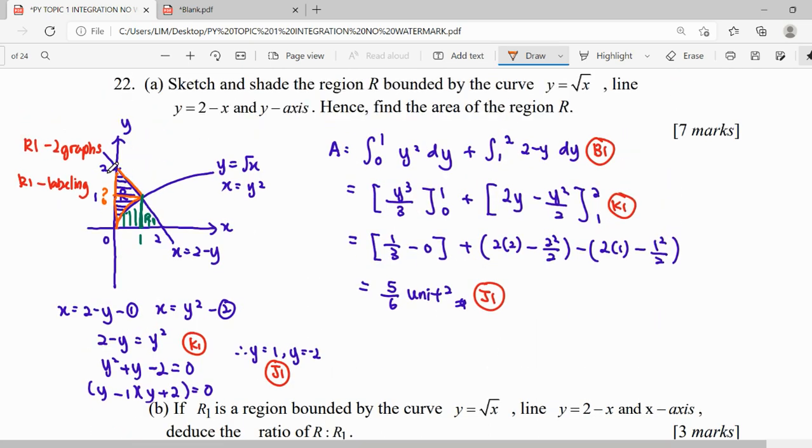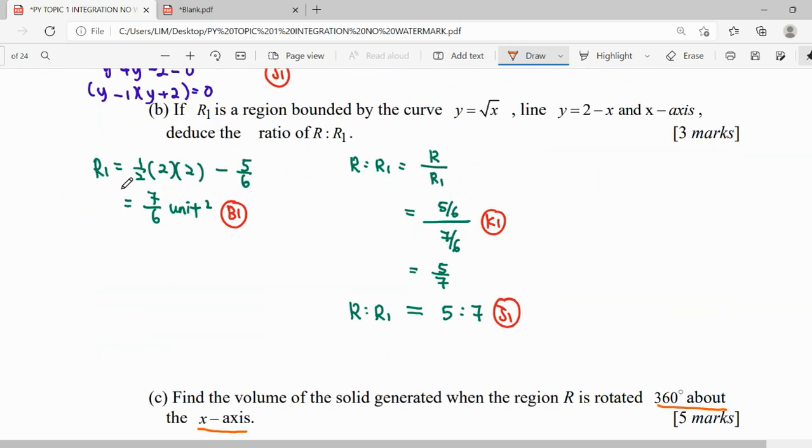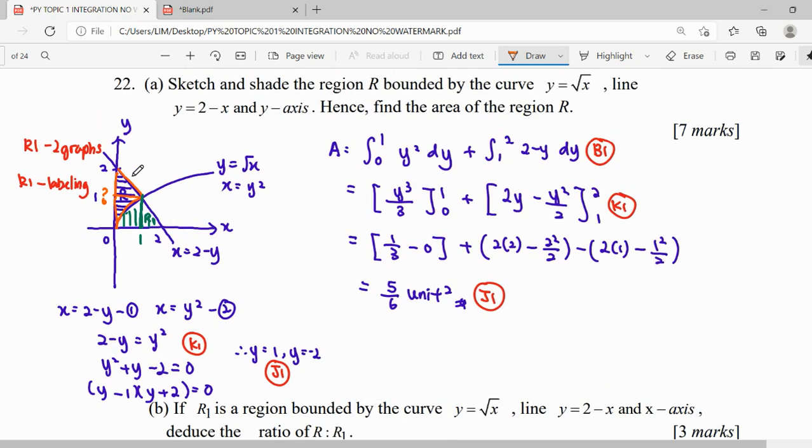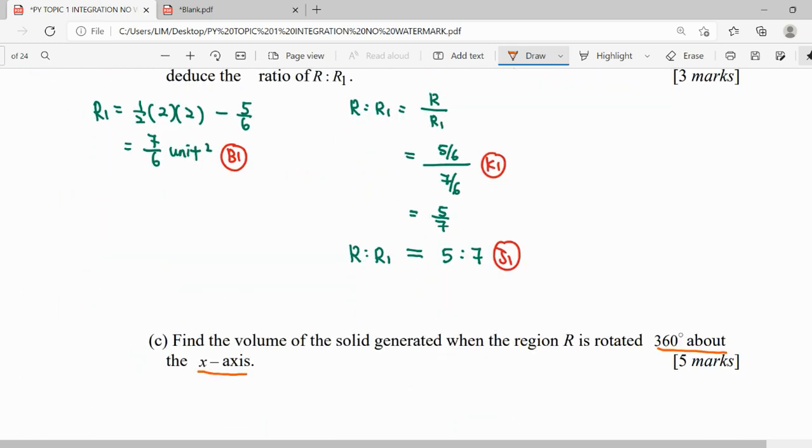Supposedly when we see this region attached to the y-axis, it would be easier to find the volume using dy, and you can integrate directly. But this question asks us to use the x-axis, therefore we have to see it vertically.